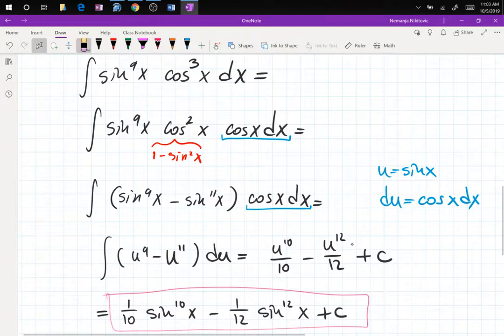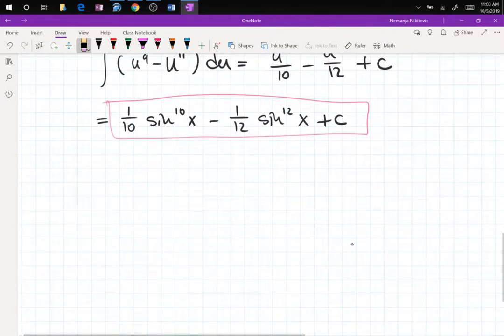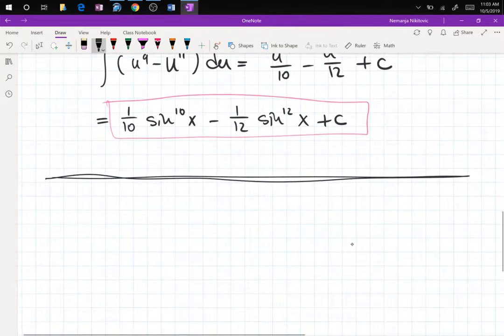All right, so now, even if you have one exponent to be even, we can still deal with these fast. So let's say you have cosine to the 6x sine cube x dx.